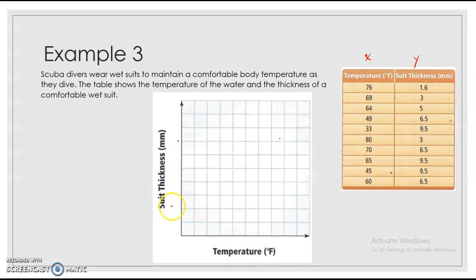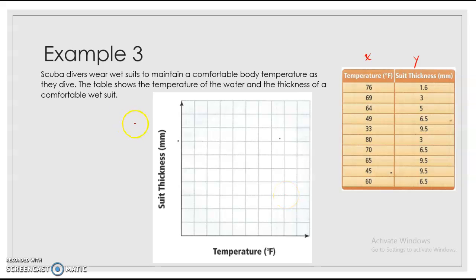I already took a graph that was labeled for this, but our x value is temperature in degrees Fahrenheit, and our y value is suit thickness in millimeters. So that's the first thing that we're going to do, we're going to label the tables or the axes.